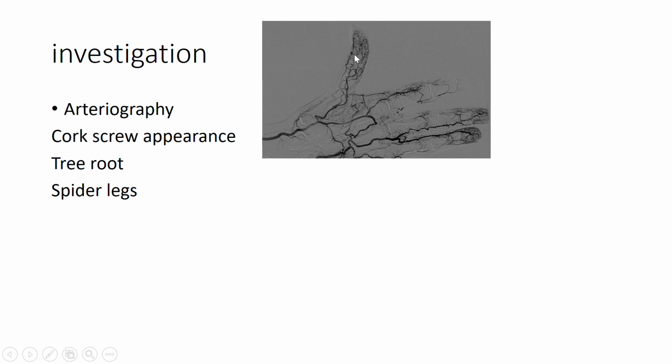So to summarize, Buerger's disease or thromboangiitis obliterans is a disease of the arteries, and here there is a peripheral vascular inflammation. One important thing to remember here is that it involves only the small and medium sized arteries, and it is segmental.